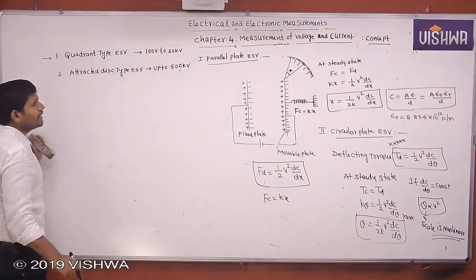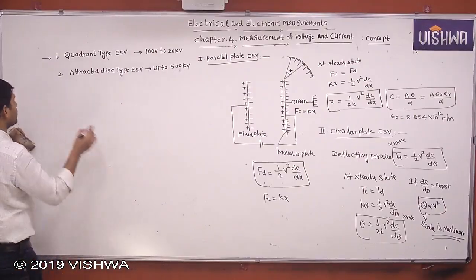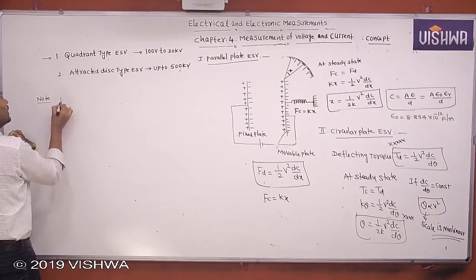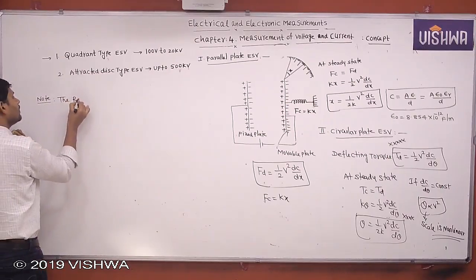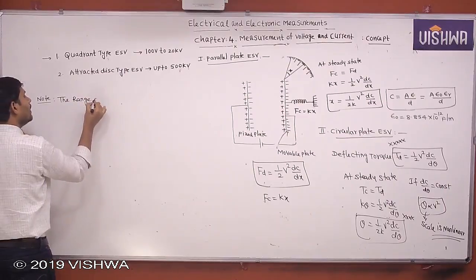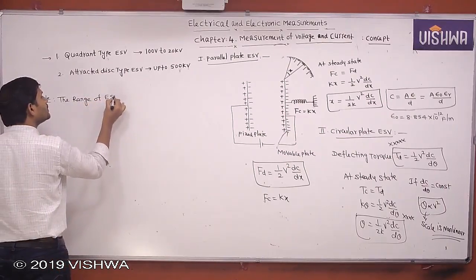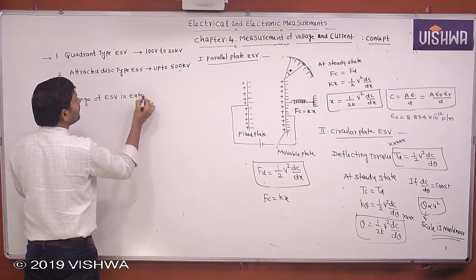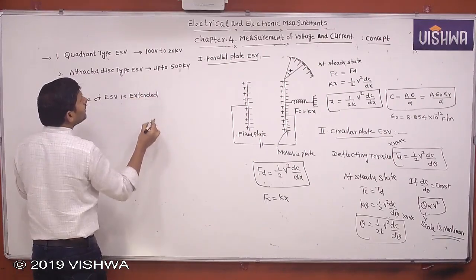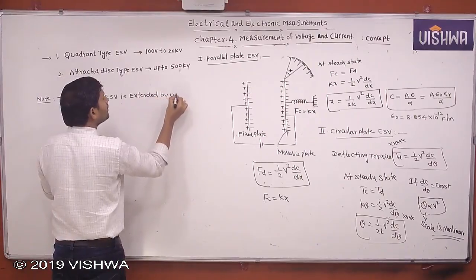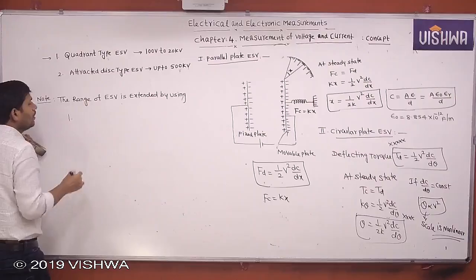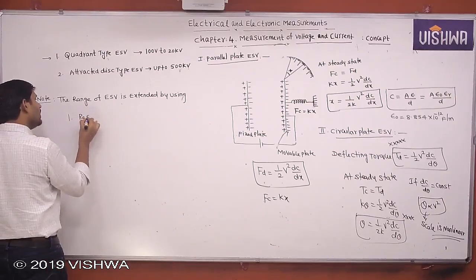Then how to extend the range of electrostatic voltmeter? Write down as a note. The range of electrostatic voltmeters is extended by using, one is resistive potential divider arrangement.